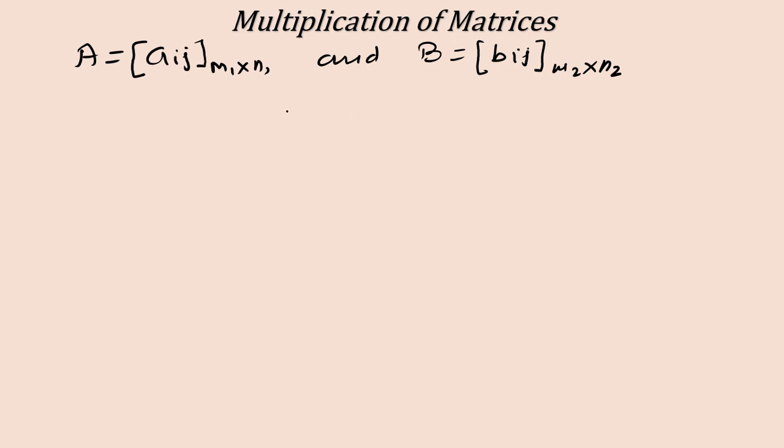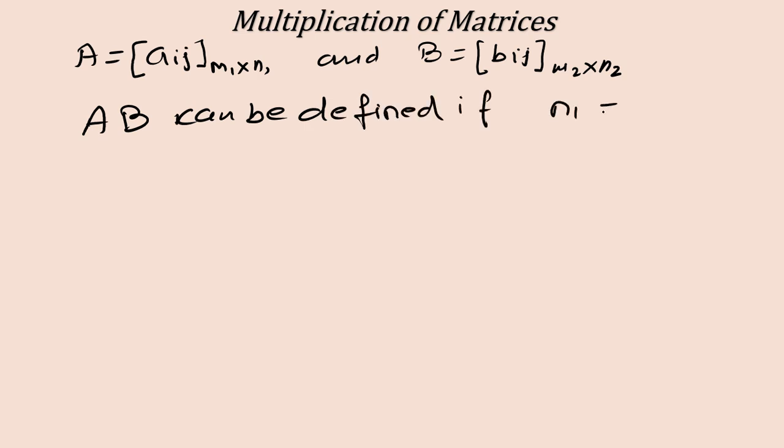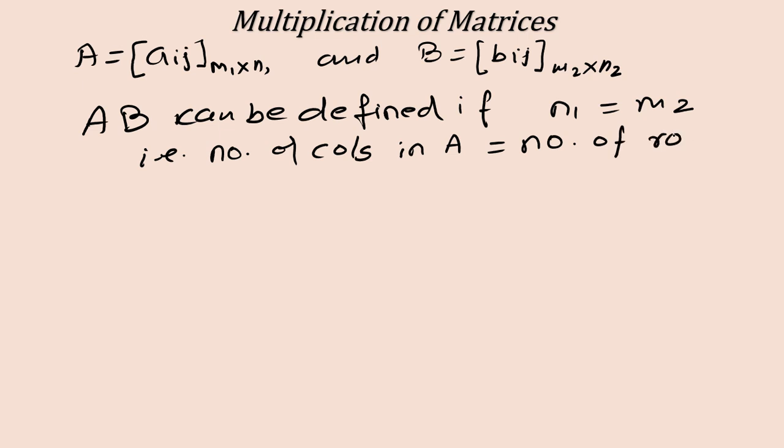So AB can be defined if n1 is equal to m2. What does it mean? It means the number of columns in A is equal to the number of rows in B.